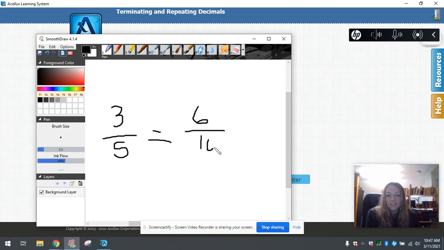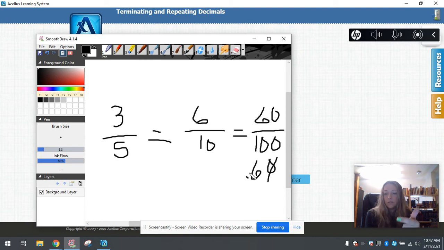And I know 6/10 is equal to 60 out of 100. Okay? So in decimal form, this would be 0.60 or just 0.6, because we actually don't need that 0, because 0.60, 60 out of 100, is equal to 6 out of 10, which would be represented by 0.6.